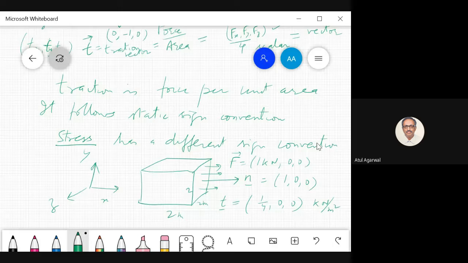Now I can define a stress. I call it sigma xx. So what is this x? Second x corresponds to the normal component, normal vector direction.